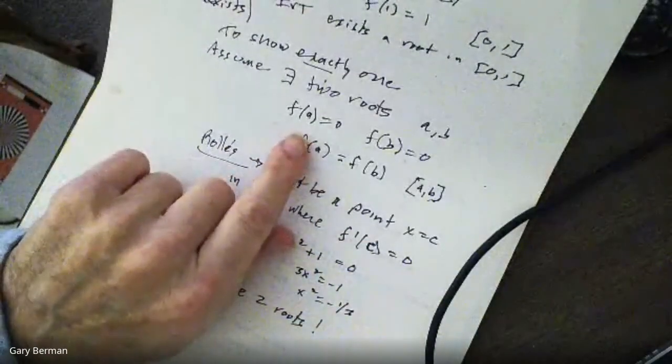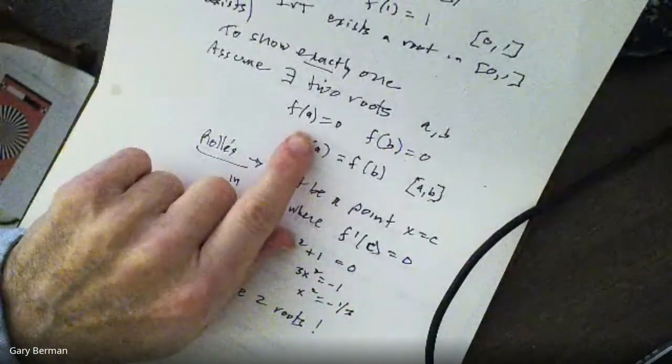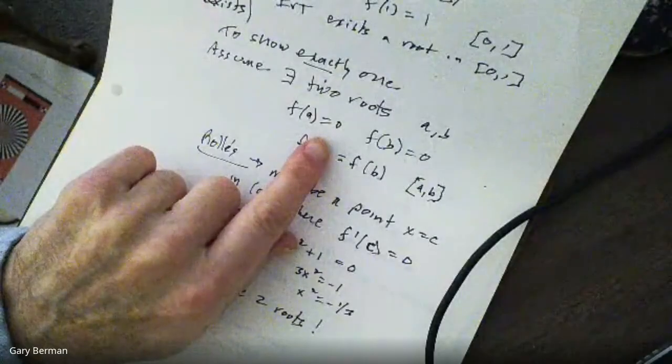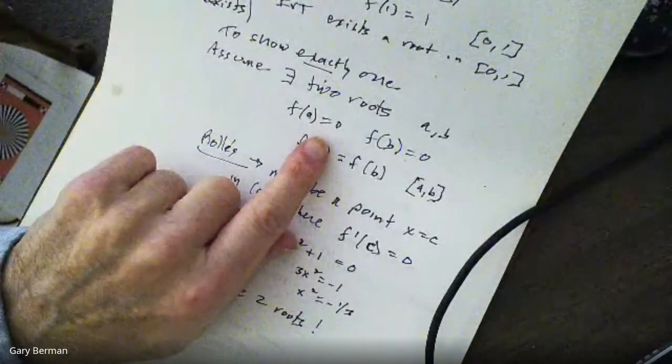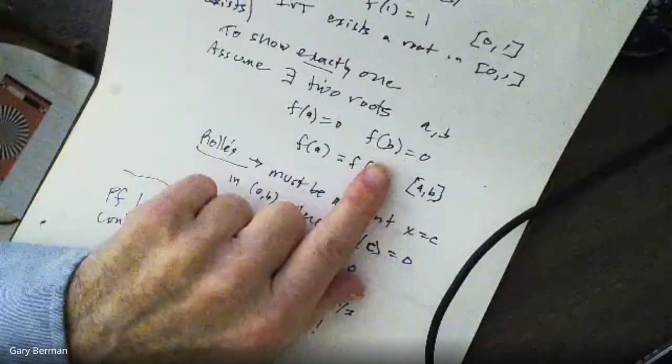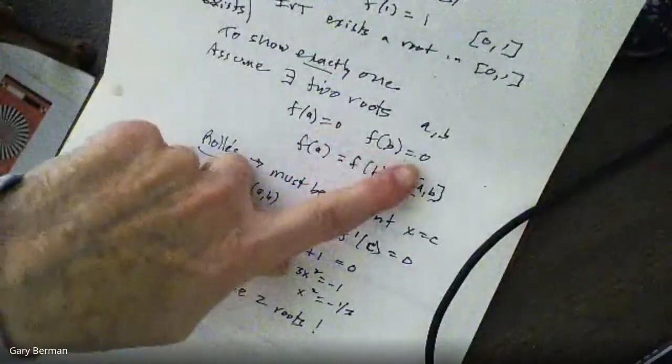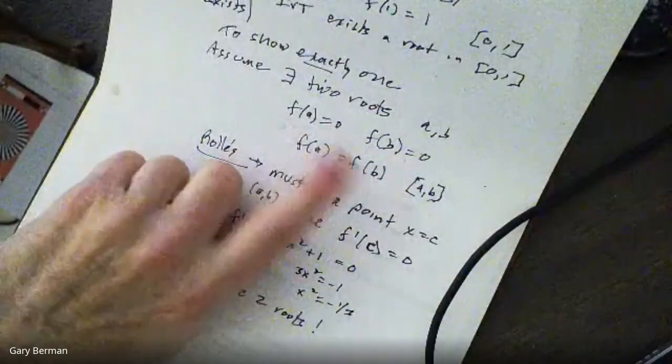But by the definition of root, if a is a root, f of a is 0. A root means I plug in that value for x and y is equal to 0. And if b is a root, f of b is also 0. That's what it means to be a root. You buy that, right? Yeah. Well, if f of a is 0 and f of b is 0, then f of a equals f of b.